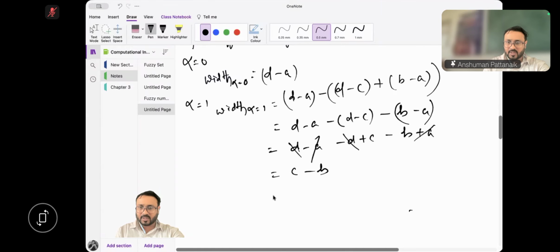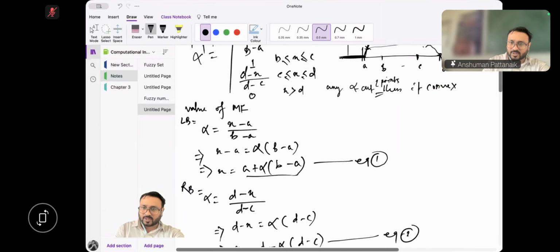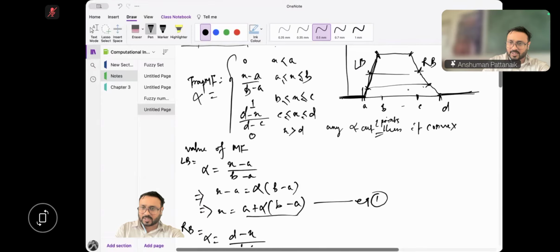Okay, if you look into the graph, at alpha equal to 0, the answer is d minus a. This region is nothing but the support of the membership function. And this region, c minus b, is nothing but the core of the trapezoidal region.